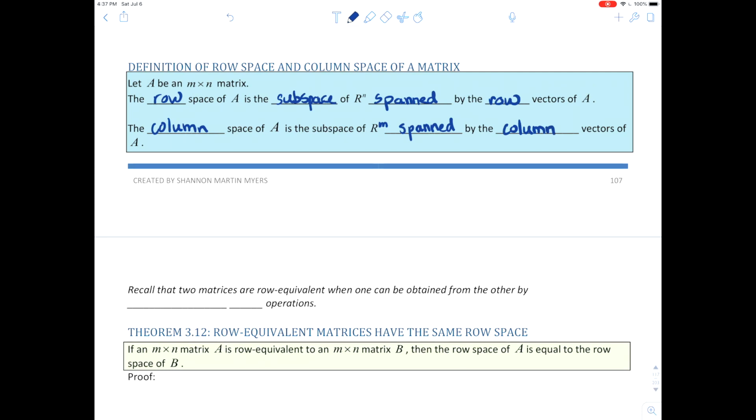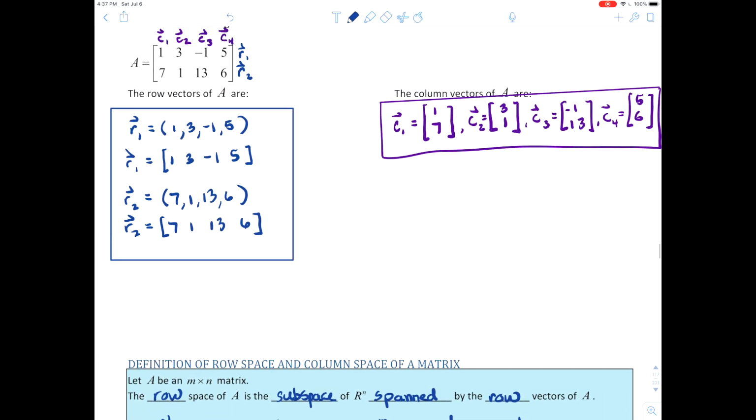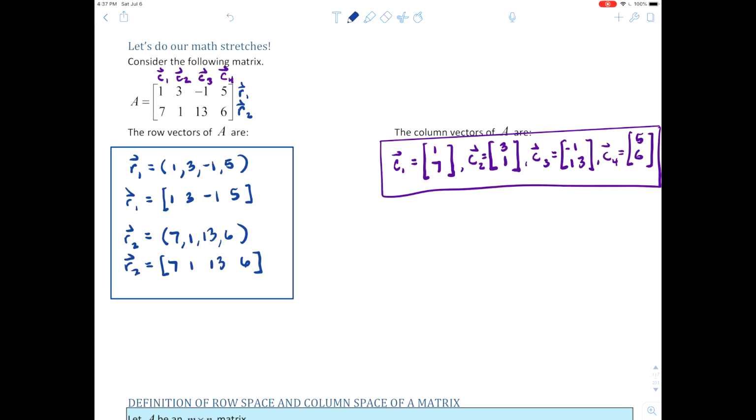Cool? All right. So notice here, when we went back to our warm-up and looked at the columns, these aren't necessarily the spaces by any means, but you can get a feel for it. Notice that A had dimension what? 2 rows by 4 columns.